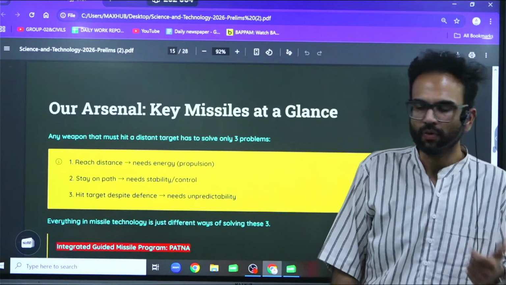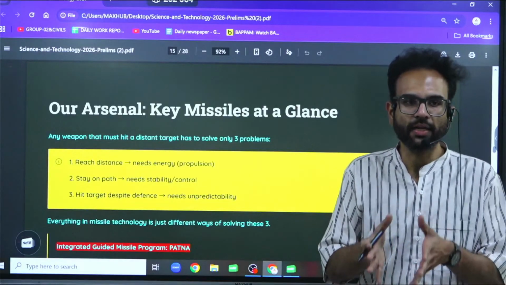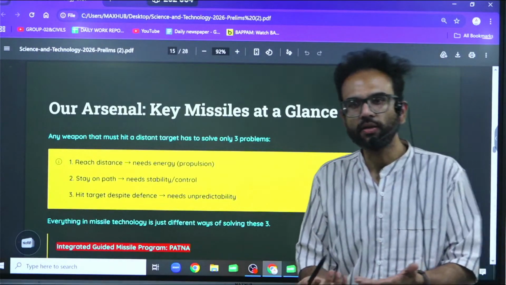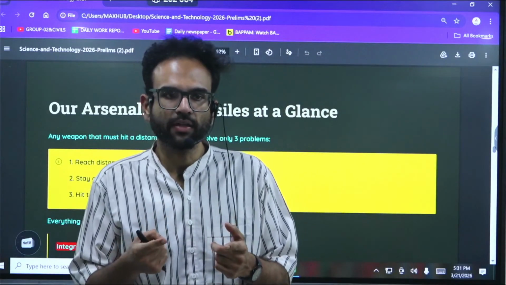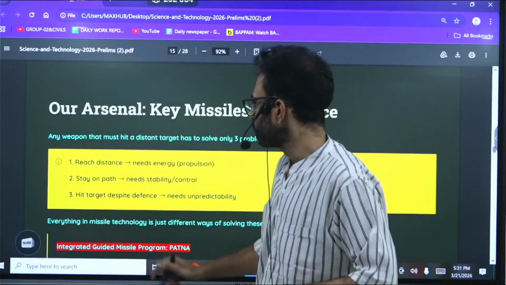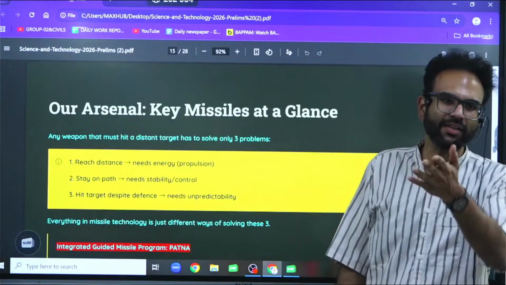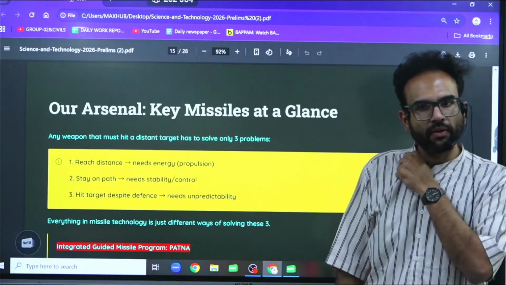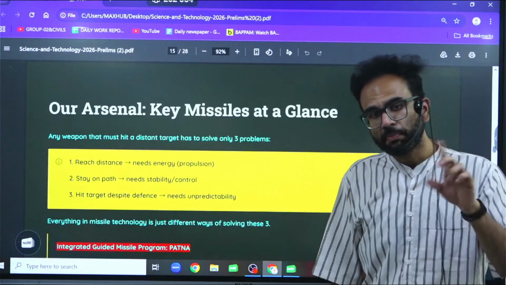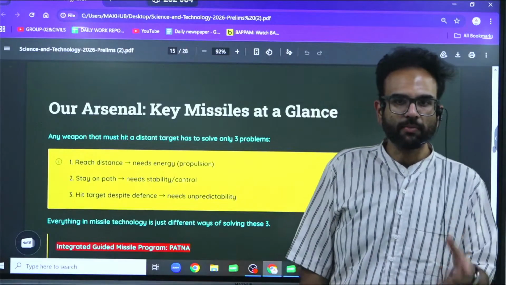A missile has one, a mechanism for pushing that weapon, and second, it should control and guide. The third is to hit the target despite defense. Just because you are hitting the target, the opposition will not be sitting and watching the movie. They will also try to hit back. Despite that, with everything in your control, distract them and hit the target.